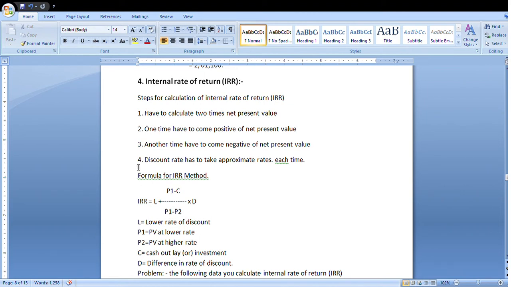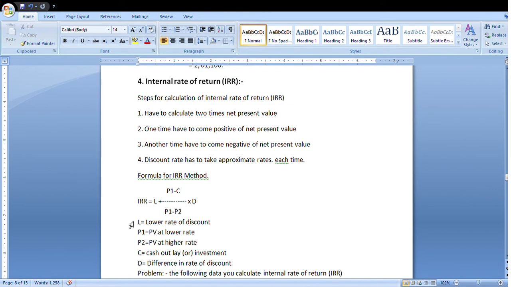After you calculate the net present value two times, one time negative, another time positive, you apply this formula.